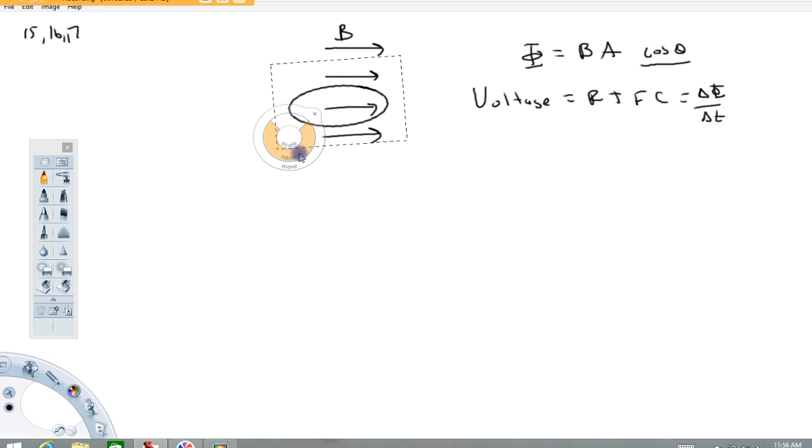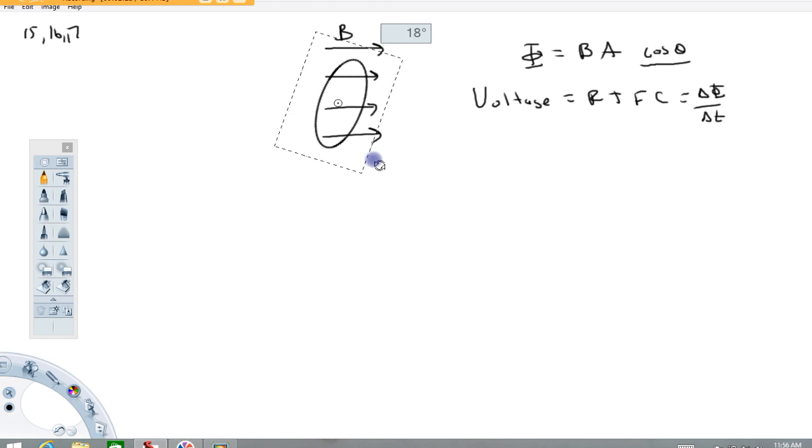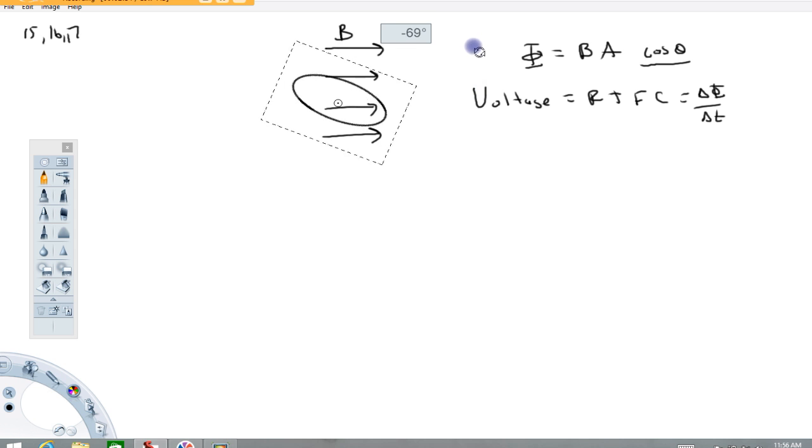For our purposes here, we just need to recognize when flux is changing. And one way to change the flux is if we take this and rotate it. See how as this hoop rotates around, the flux is a maximum in this orientation, and now it's 0, and now it's a maximum right about there, and now the flux is 0 right about there. So anytime the hoop is like this or like this, the magnetic flux is a maximum.